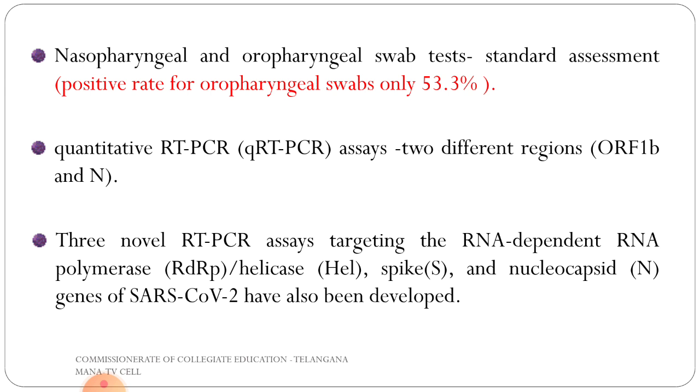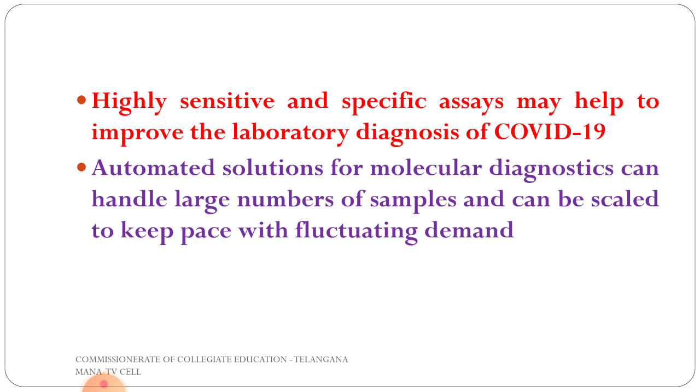The quantitative RT-PCR assay targets two different regions of the virus, ORF1b and N. Three novel RT-PCR assay targets, RNA dependent RNA polymerase, helicase, spike and nucleocapsid genes of SARS-CoV-2, have also been developed. It is a highly sensitive and specific assay that helps to improve the laboratory diagnosis of COVID-19.